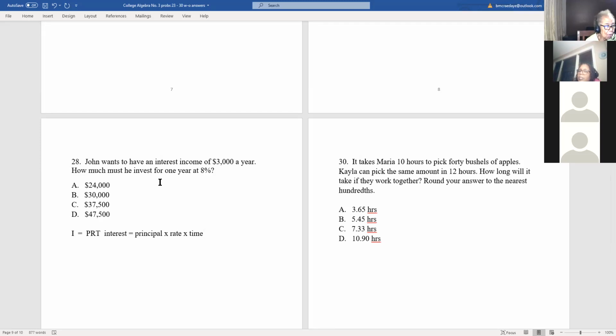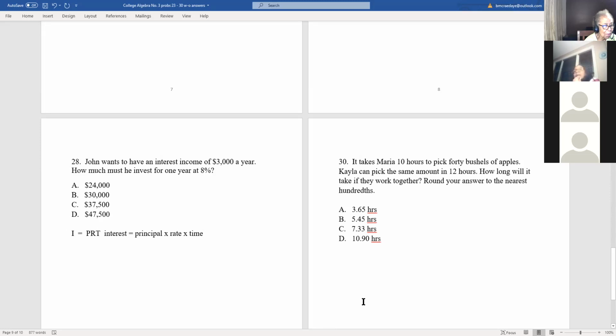Okay, so what are we looking for in number 28? We're looking for how much he invests for 1 year at 8%. So are we looking for interest, principal, rate, or time?